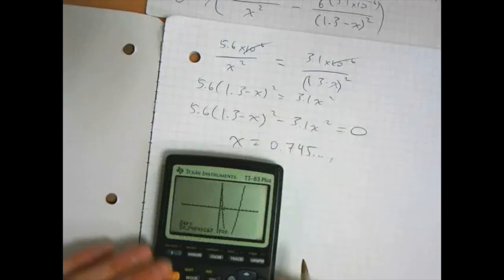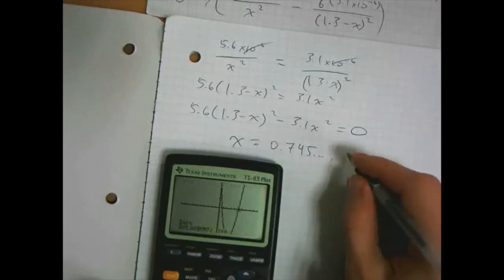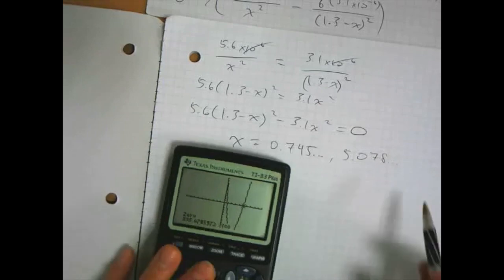And let's calculate the other zero. And this is 5.078. Okay, so now there are two different solutions given here.